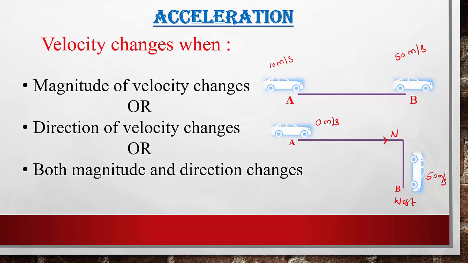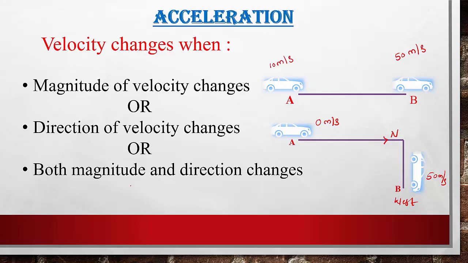Remember, when the velocity of any object changes, we should not say velocity is changing, but instead we say that the vehicle or object is accelerating. Accelerating, acceleration, means change in velocity. Whenever velocity changes, we can say it is accelerating.